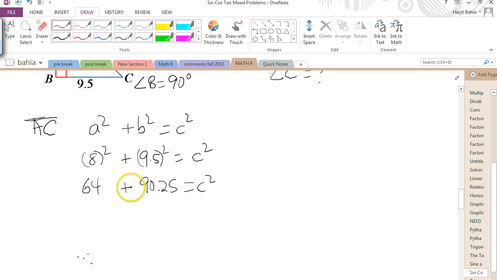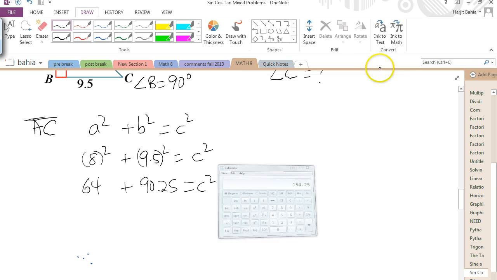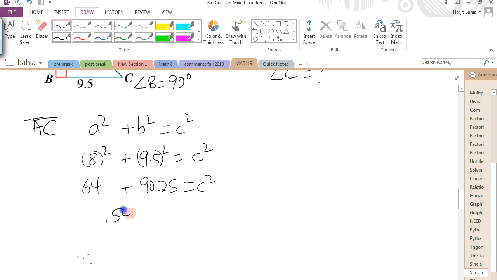Add these two together. 90.25, it's already in the calculator, plus 64 gives us 154.25. It always pays to keep what's in your calculator. Don't clear it. Just leave it. Put it to the side. 154.25 equals c squared. What do you do from here?